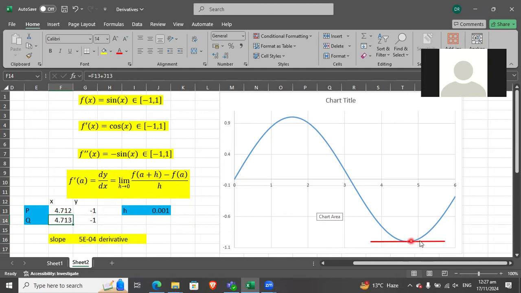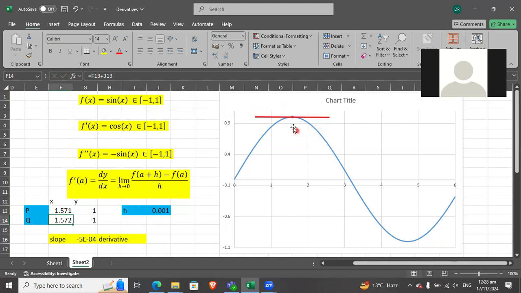We clearly see here that at this point the tangent is below the curve, and at the earlier point, pi by 2, the tangent line is above the curve, and it marks the maximum of the sine of x curve.